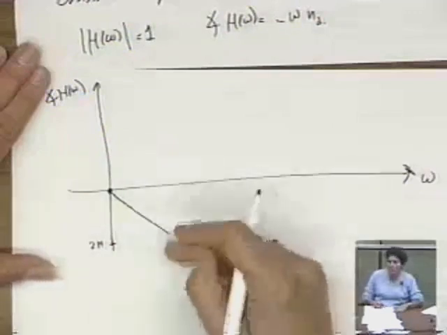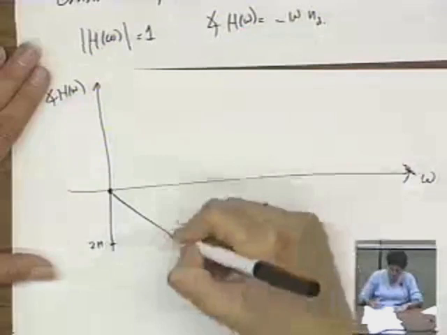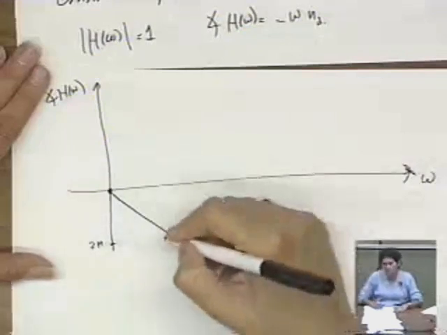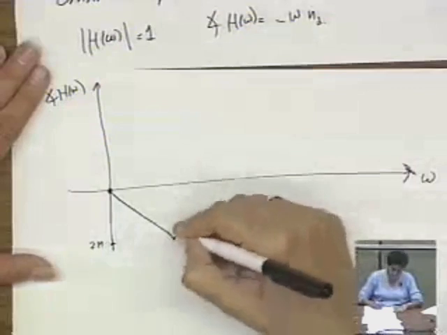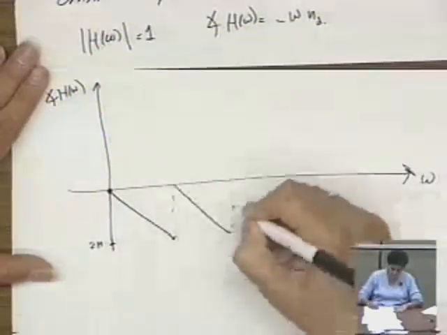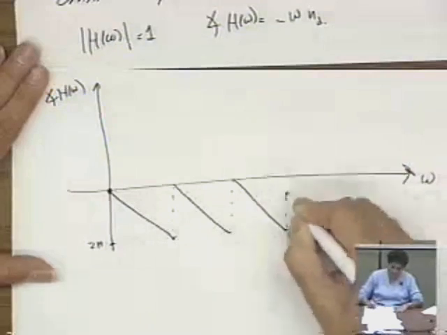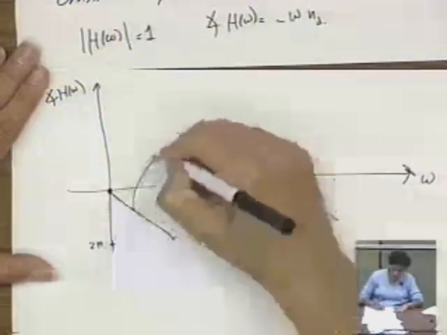Somehow it reaches 2 pi, but phase wraps around. We could have phases of 2.5 pi, 3 pi, 4 pi, a million pi, but in reality, the phase at pi over 2 is the same as pi over 2 plus 2k pi. So let's just write down the unwrapped phase rather than the wrapped phase. Unwrapped just means that it comes back when 0 and 2 pi are the same.